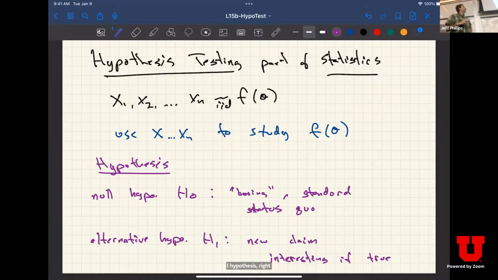The other thing to see here about these hypotheses is that the null hypothesis we have to specify exactly. We're going to be calculating probabilities based on the null hypothesis.